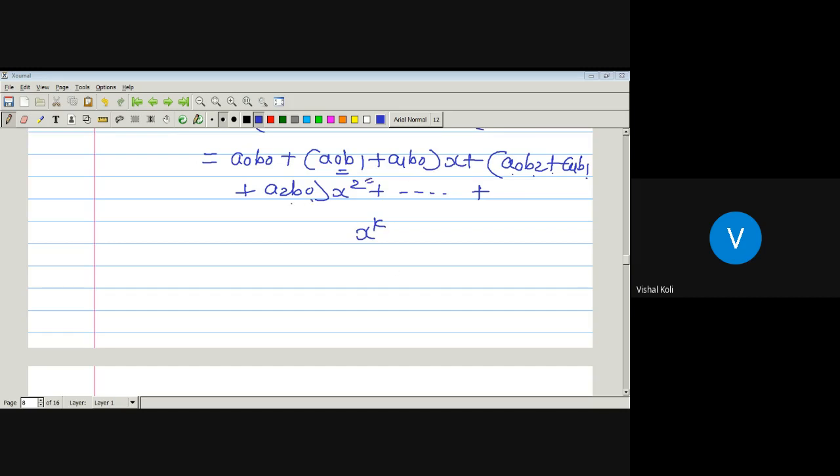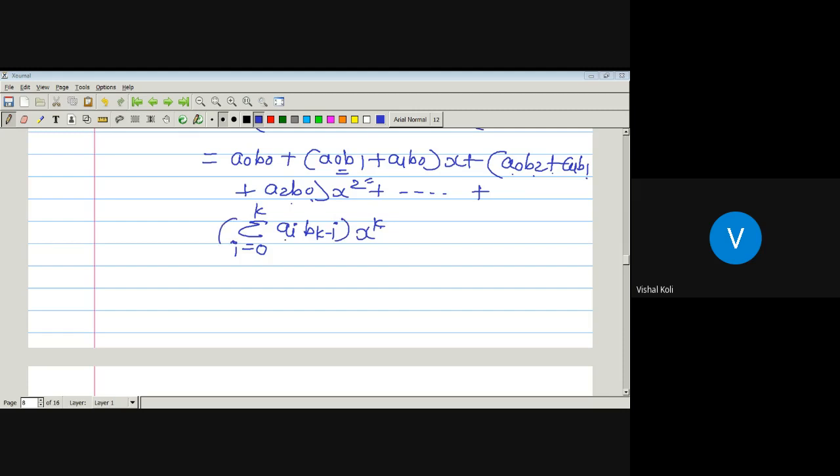So whenever k is there, what are its coefficients? They are nothing but the summation, as here we take the coefficient of x^k, so i is equal to 0 to k, of ai b(k minus i). Let us check whether this is true.